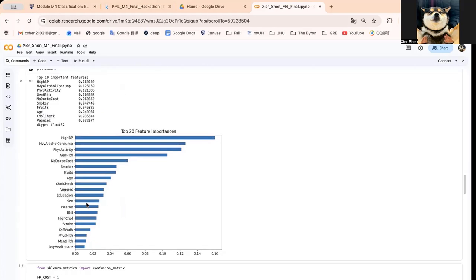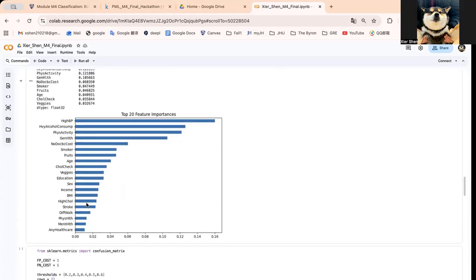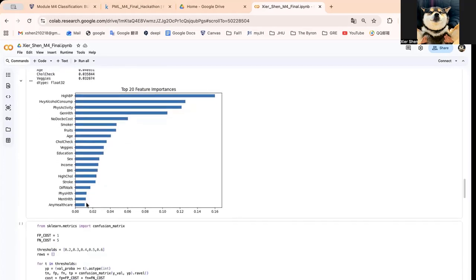Accuracy is around 73%. However, in this medical context, recall is particularly important. A false negative means failing to detect a diabetic patient, which carries higher real-world risk.